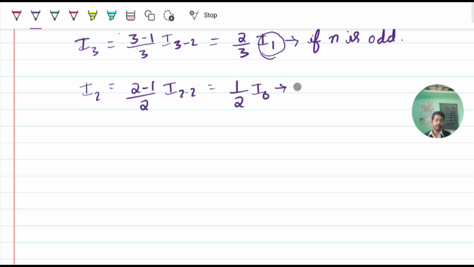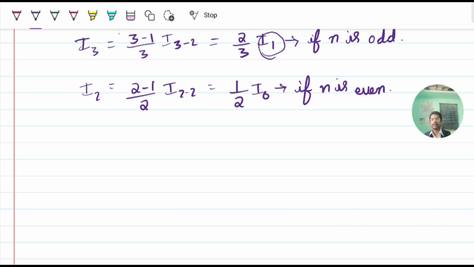This is the last integral if n is even, right? N is even. You can understand up to here? Okay.